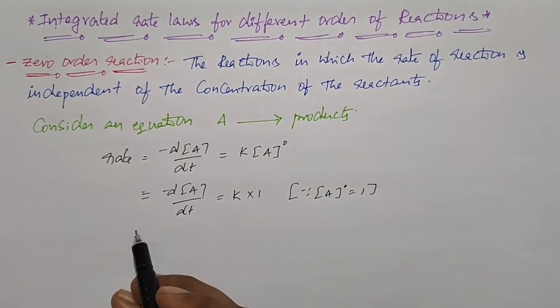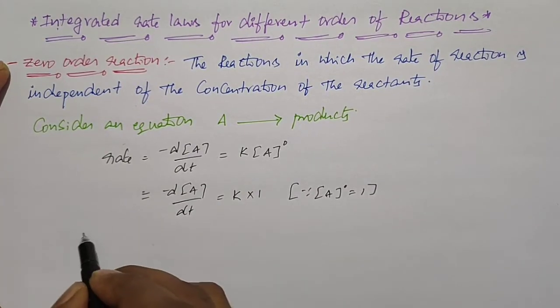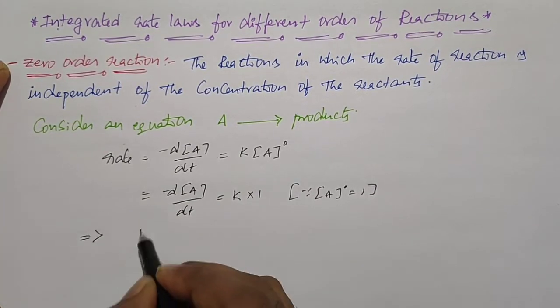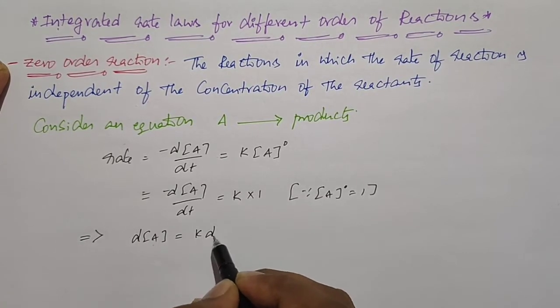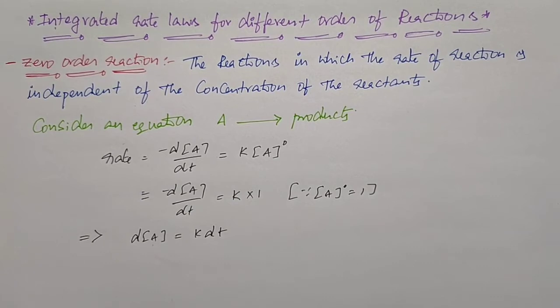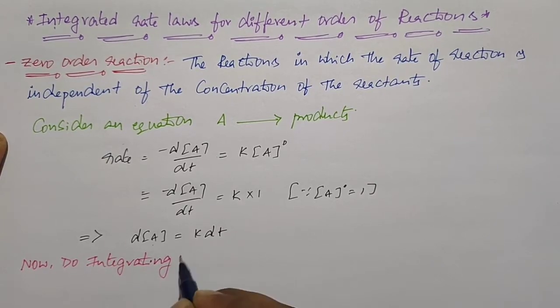Now send the minus 1 by dt to this side. We get dA is equal to minus K into dt. Now integrate on both sides.